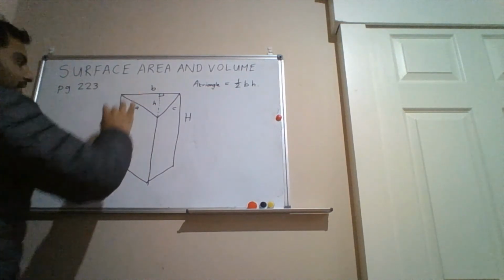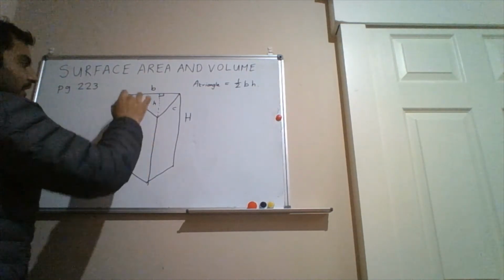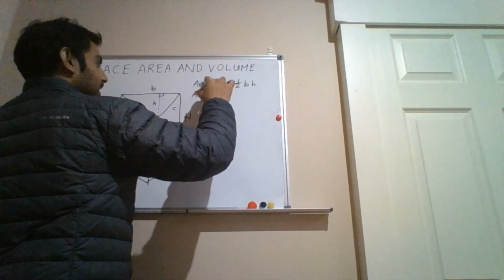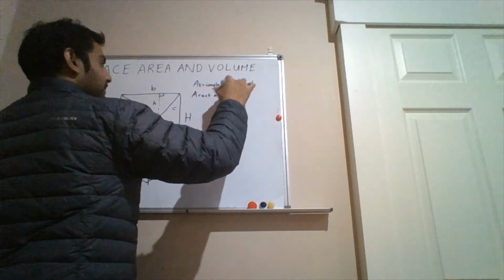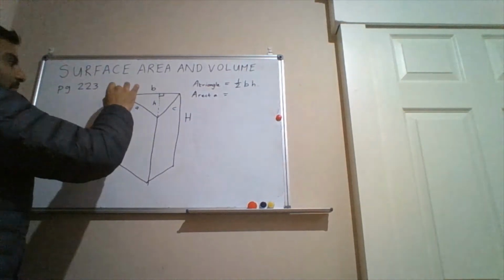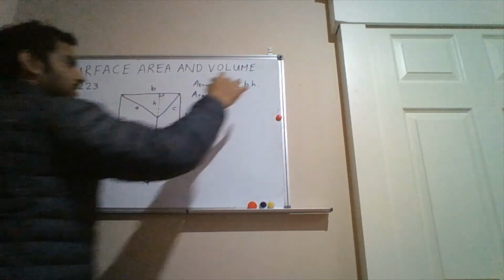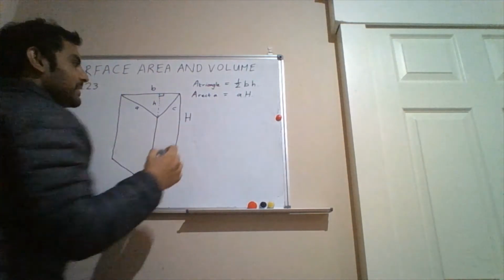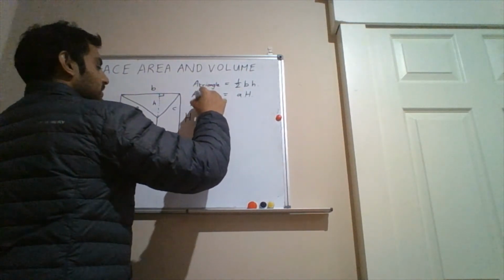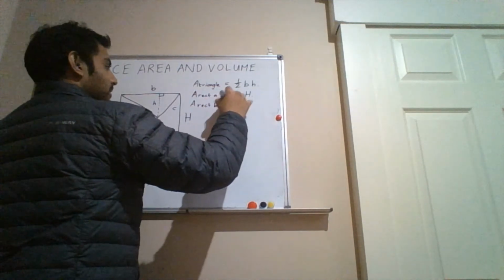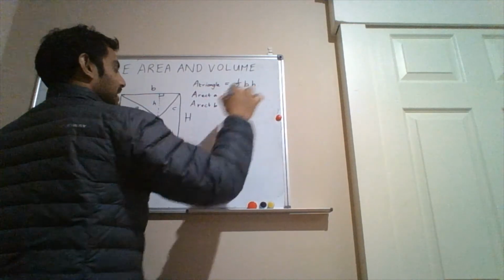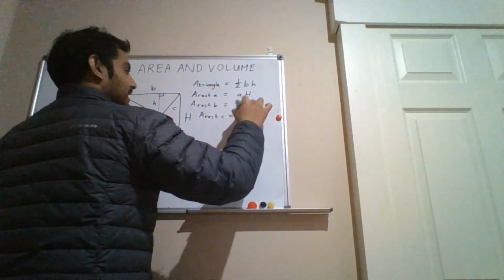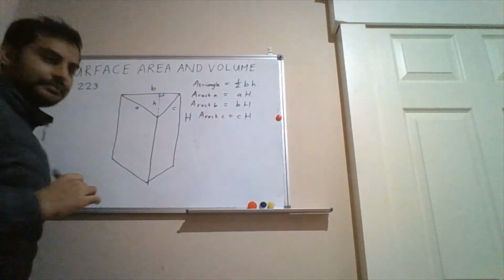The area of this face here, corresponding to side A, I'm just going to call rectangle A. It's going to be base times height, so A times capital H. Similarly, for the other 2 rectangles, rectangle B is B times H, and the area of rectangle C is C times H.